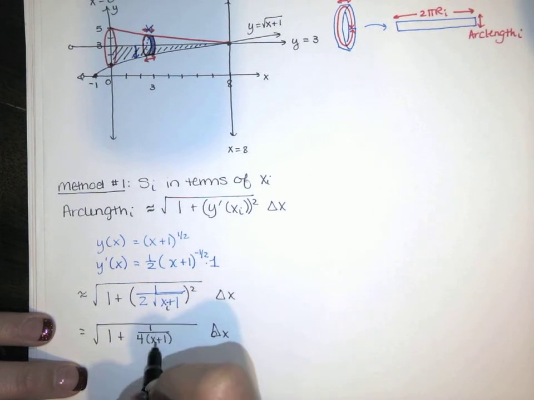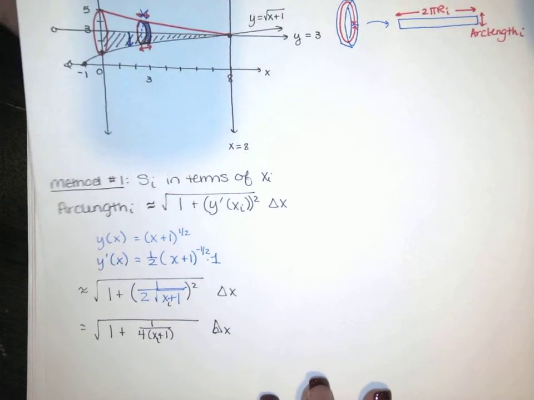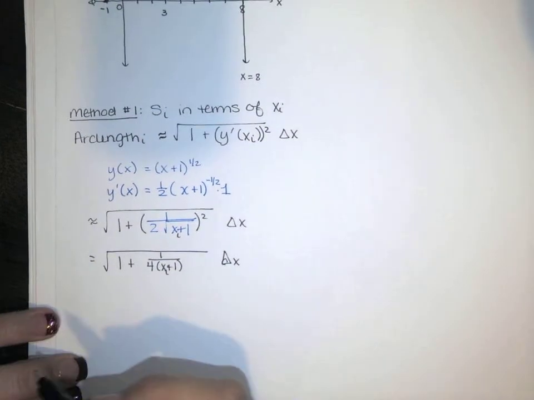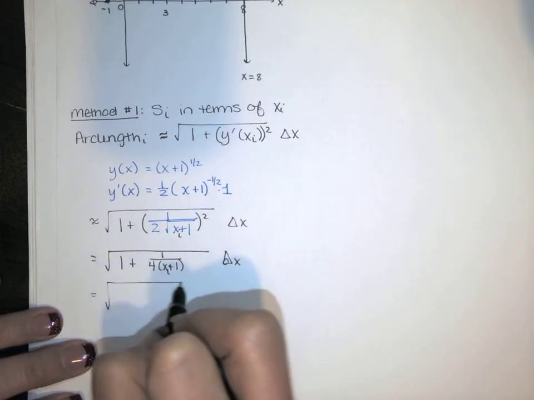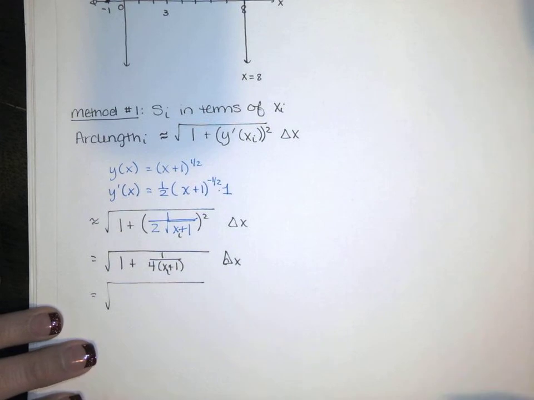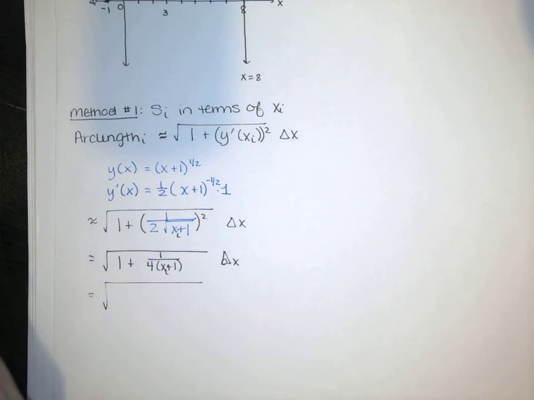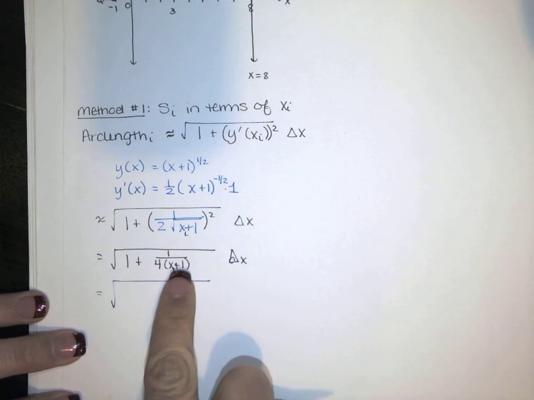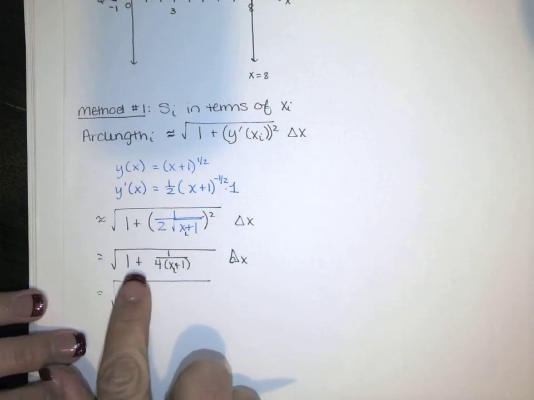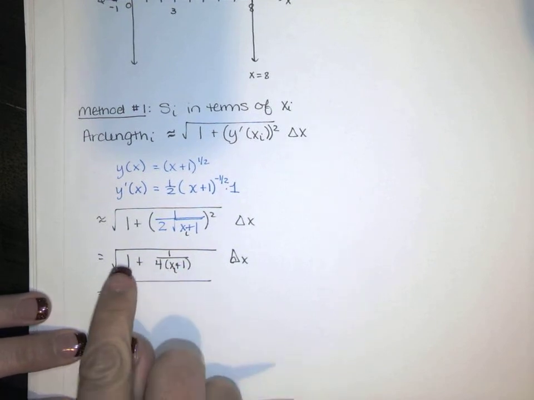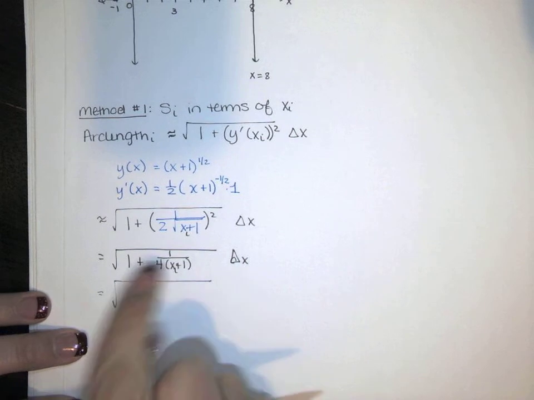And I need little i's on everything because I'm talking about the ith piece. And then we might want to get a common denominator. So this 1, it's just itself over 1. This is my denominator over here. So if I want a common denominator, I can just write this 1 as that over itself.